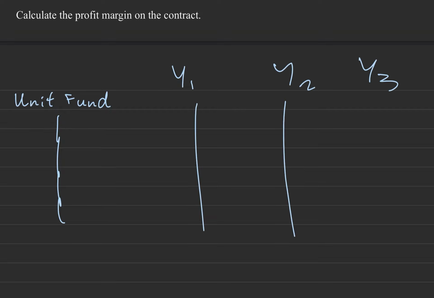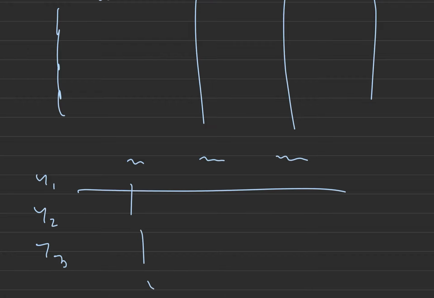Now, there are two ways that you can go about writing these things. You can tabulate them with all your account names or whatever the cash flow is called here, and then you can have year 1, year 2, year 3, which is what I'm going to do. Or you could write year 1, year 2, year 3 across, and then write all the names over here for the accounts and tabulate in that direction.